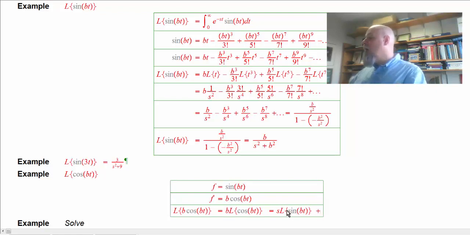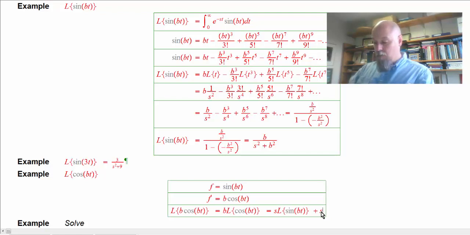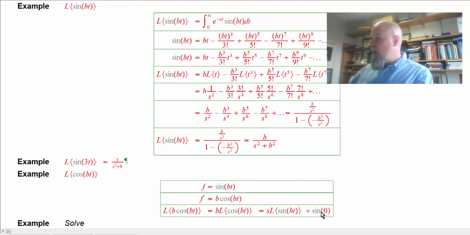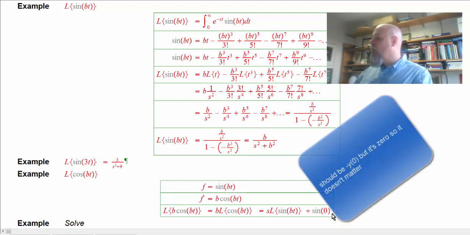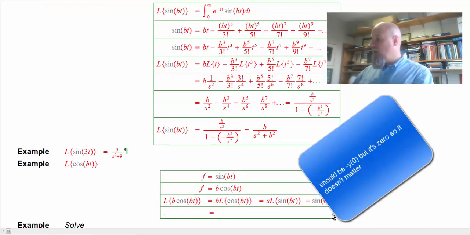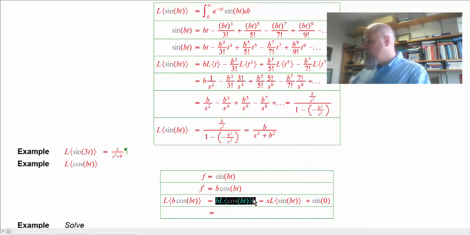plus f naught. Well, sine of 0 is 0. I'll write it in there, but it's gone in a second. Now I've got b times the Laplace of cos bt is equal to s times the Laplace of sine bt. That's this piece.